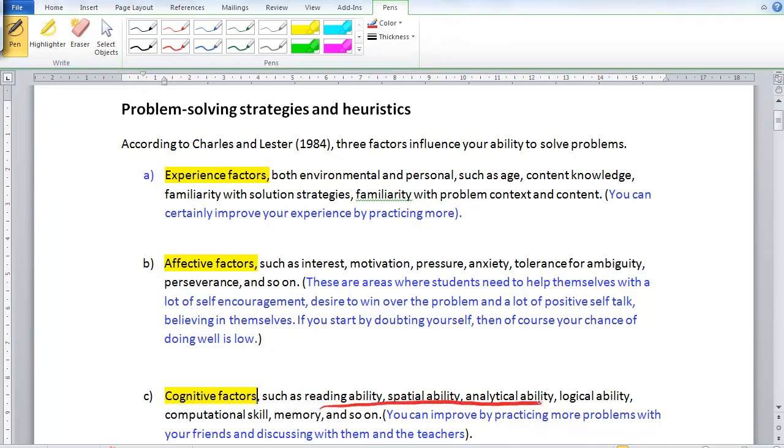Again, we firmly believe that these skills can be improved by practicing more problems with your friends, and when you discuss with them, you will think much better. So I hope when you encounter problems in solving complicated application questions, you don't give up but believe in managing and improving yourself.